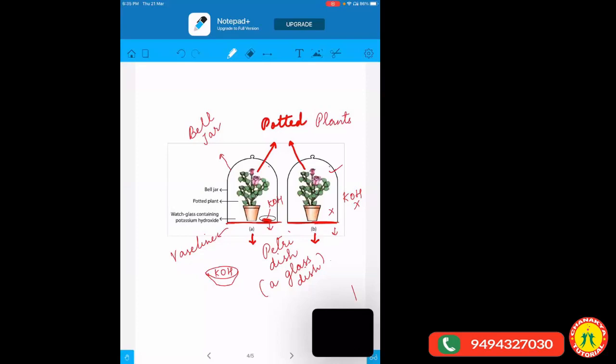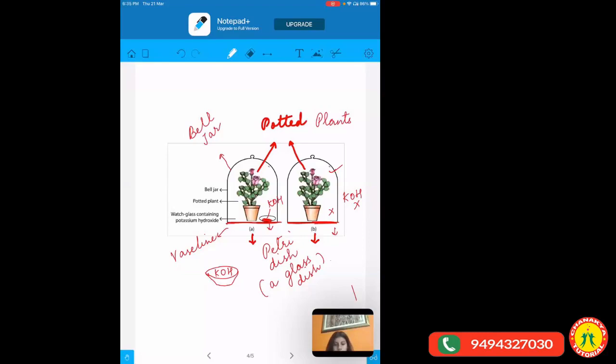If they ask you to explain the whole experiment, you have to mention that we need to take two potted plants. In the A setup, KOH should be there. In the B setup, no KOH should be there. In the third step, both potted plants should be covered with the bell jar. Then we make them airtight with the help of Vaseline, and we watch it for some hours.